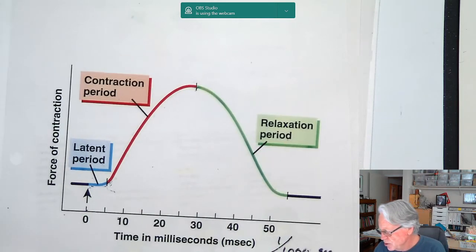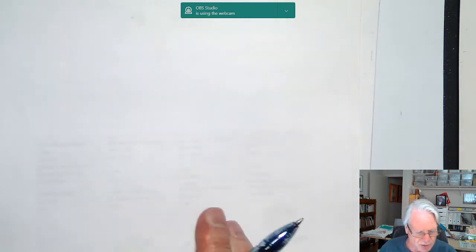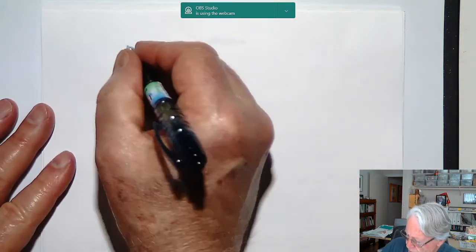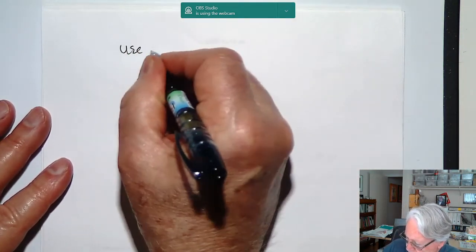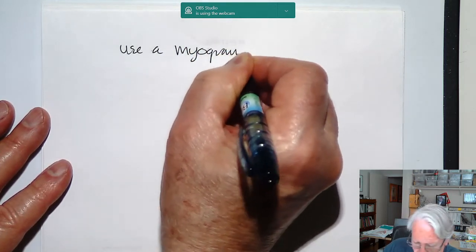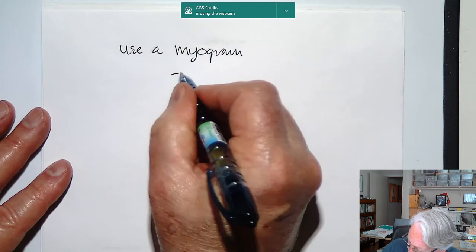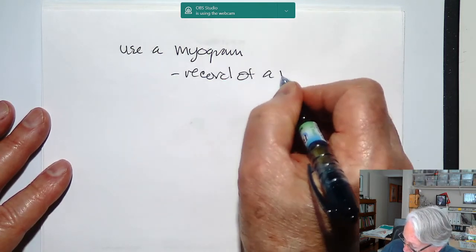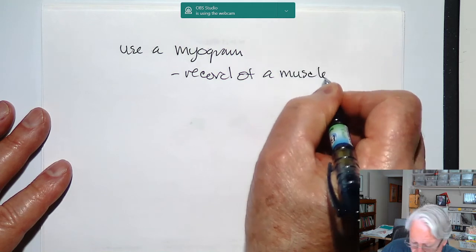The machine that we're hooking this up to is called a myogram. So we're going to use a myogram, which is going to be a record of a muscle contraction.